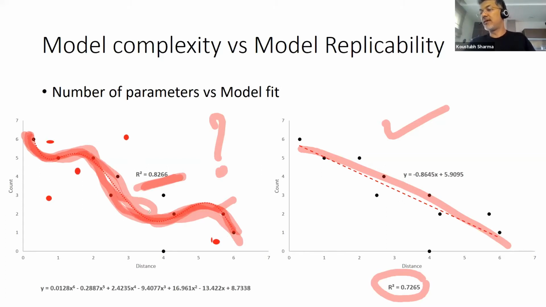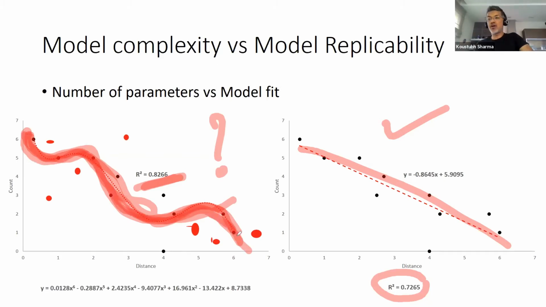Even though they are very close to the points, now what you start seeing is your model starts failing the moment your data exceed, or the moment you go beyond what your actual data is.